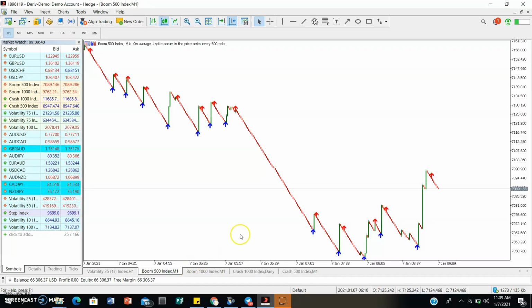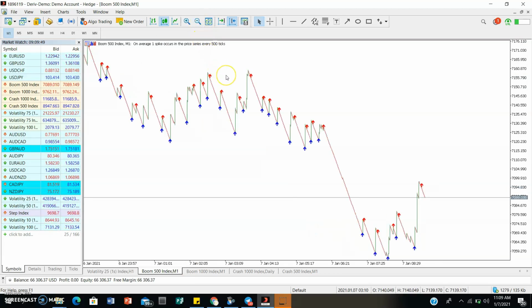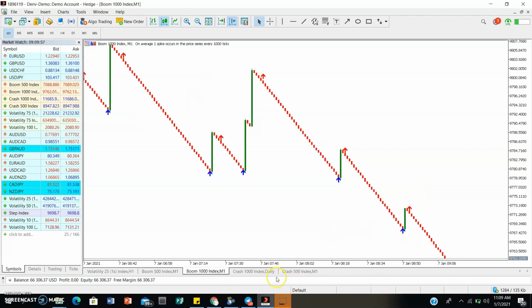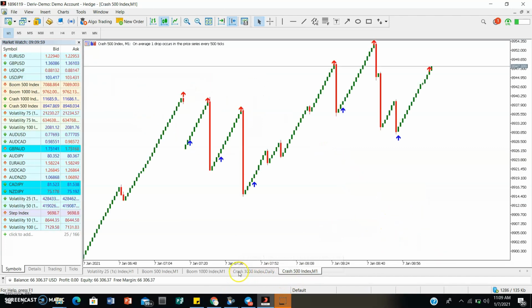So I have this indicator right here. I don't know what it's called, I'll check, but apparently it's supposed to be detecting spikes. But what I realized is that it repaints. I was just looking at it right now.